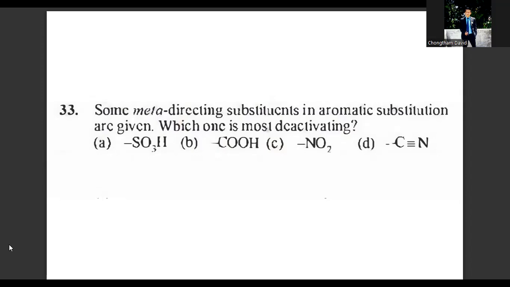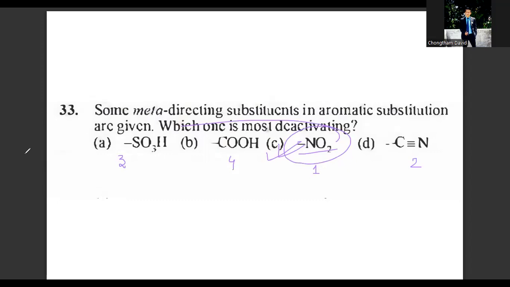Nitro will be the first, followed by cyanide, sulfonic acid, then carboxylic acid. Nitro group is most deactivating. You should know that it is due to the strong minus E effect, minus I effect, minus M effect. So C, the nitro group, is the answer for this question.